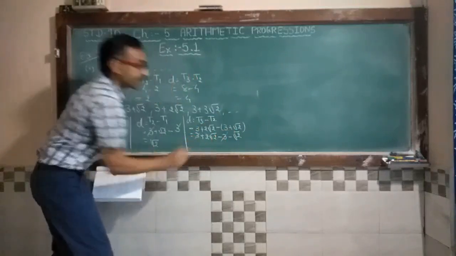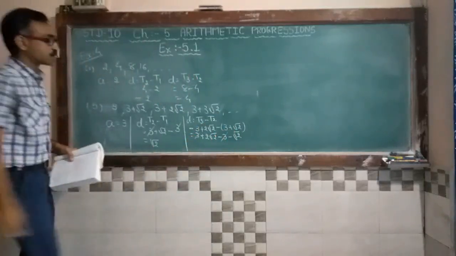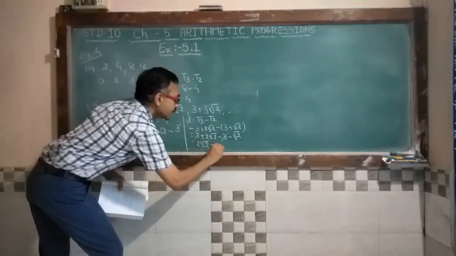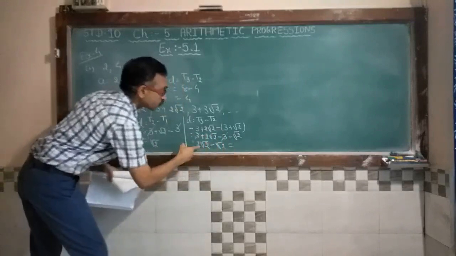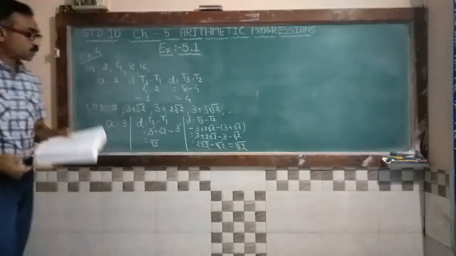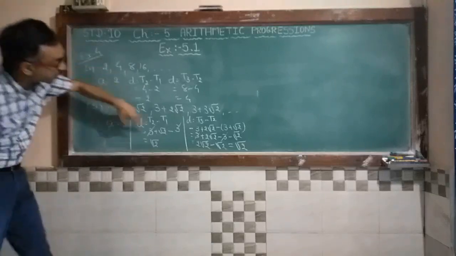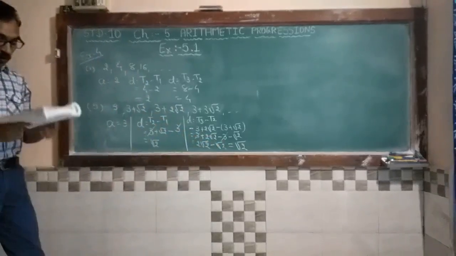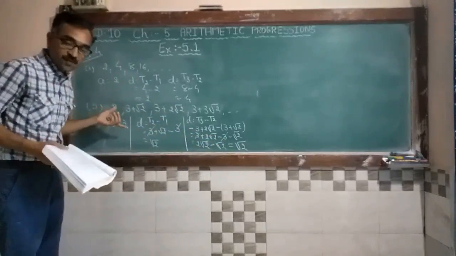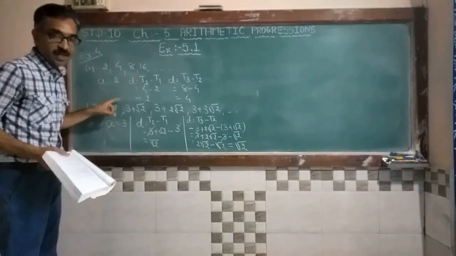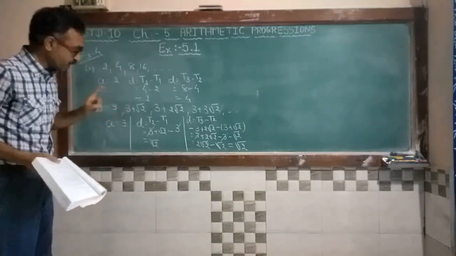Plus 3 minus 3 cancel out, so remaining is 2 root 2 minus root 2, that means the answer is root 2. So we can say that here the common difference is always the same and it is root 2. So this AP is a proper form of AP.